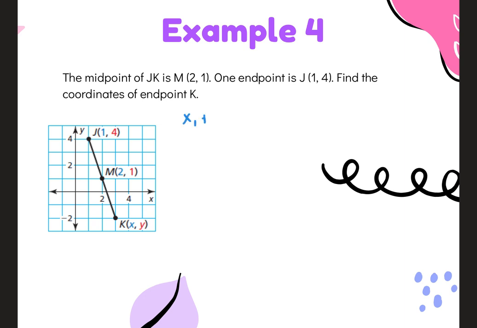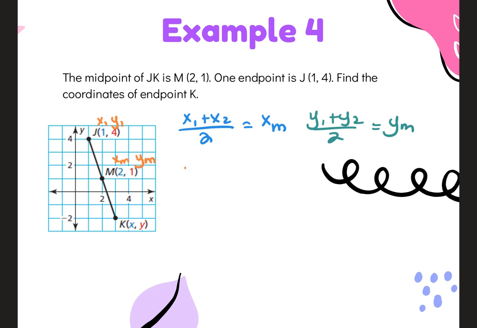If x1 plus x2 divided by 2 gives me the x coordinate of the midpoint, and y1 plus y2 divided by 2 gives me the y coordinate of the midpoint, then from here I can plug in what I know. So I can make J the x1, y1, and I can make M the xm, ym.